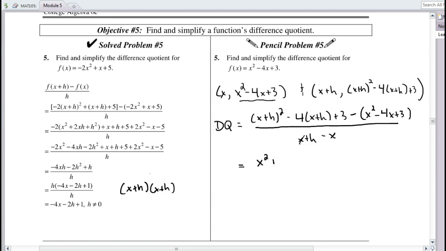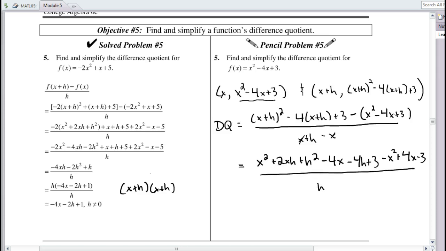So x squared plus 2xh plus h squared, and then the next bit, minus 4 times x plus h in parentheses, we want to distribute, minus 4x minus 4h plus 3. And then the last bit, to get rid of the parentheses, we want to distribute that negative. So we get minus x squared plus 4x minus 3. And then on the bottom, we just have h.